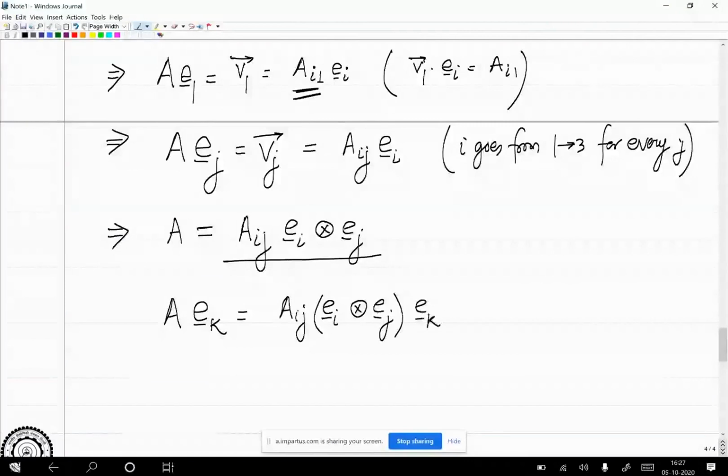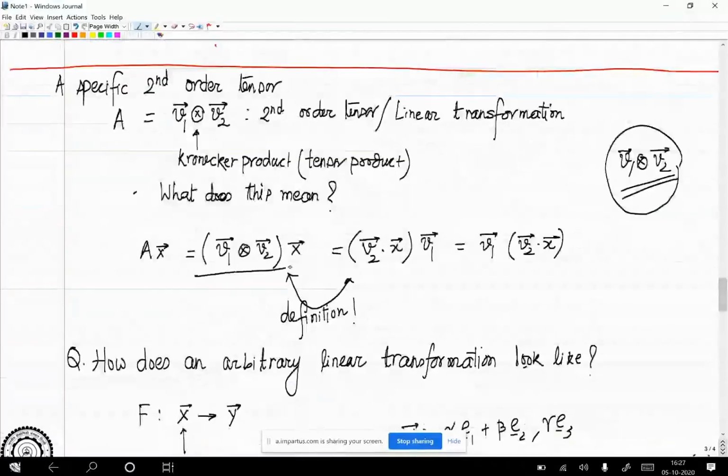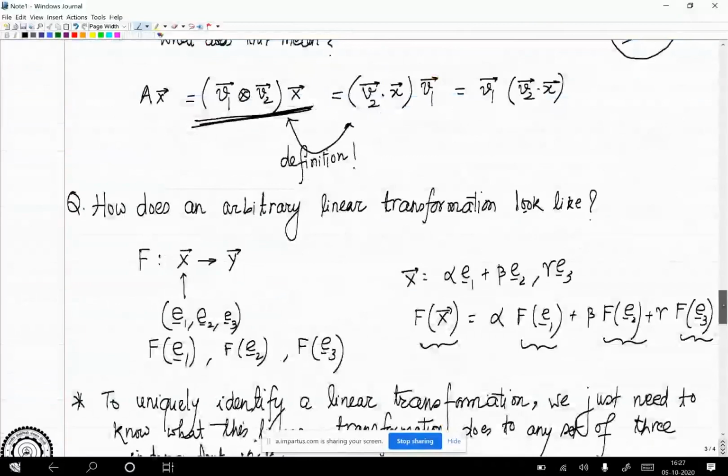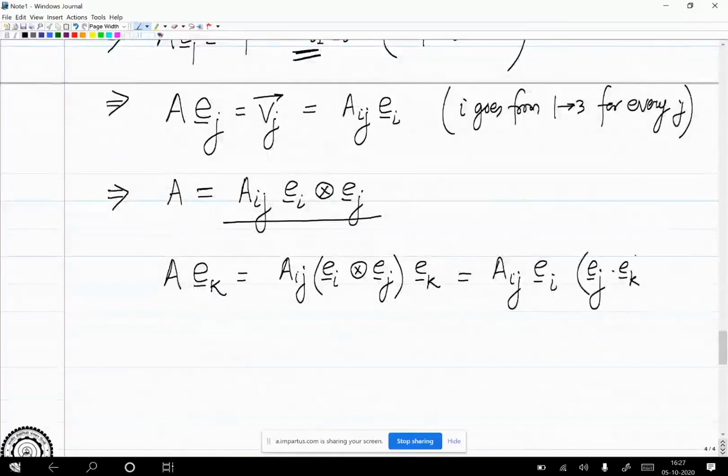into Ek. But do you remember from the definition of this specific tensor product how it acts on a vector? You have to dot the second one, V2 dot x, and then into V1. So if you use this definition, this is going to become Aij Ei times (Ej dot product Ek), from the definition of how this tensor product acts on a vector.